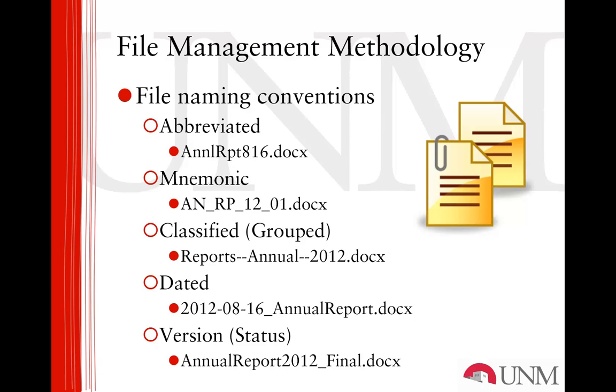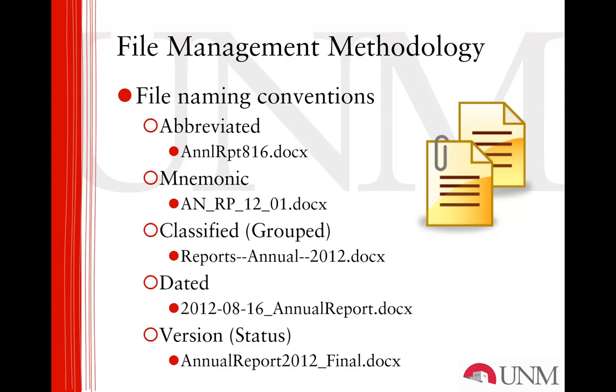And then by using the ISO standard year, month, day formatting, it allows the files to be sorted by date, by year, month, day, whereas if we sort them by month, day, year, everything in one month is going to sort together regardless of year.